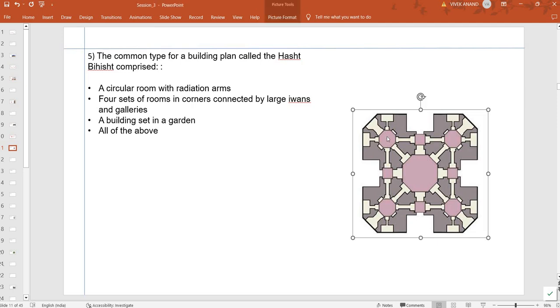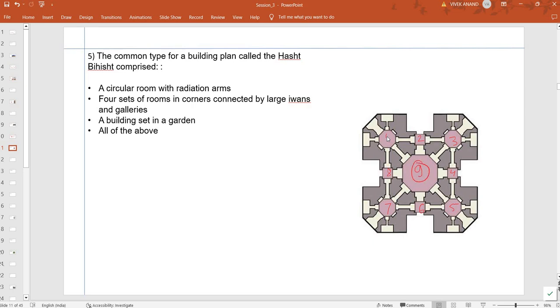These are eight halls, you can say. And this is the ninth central chamber, the central hall.